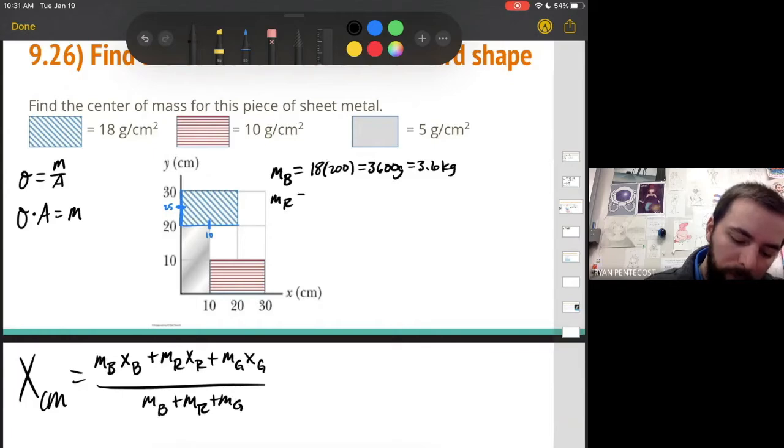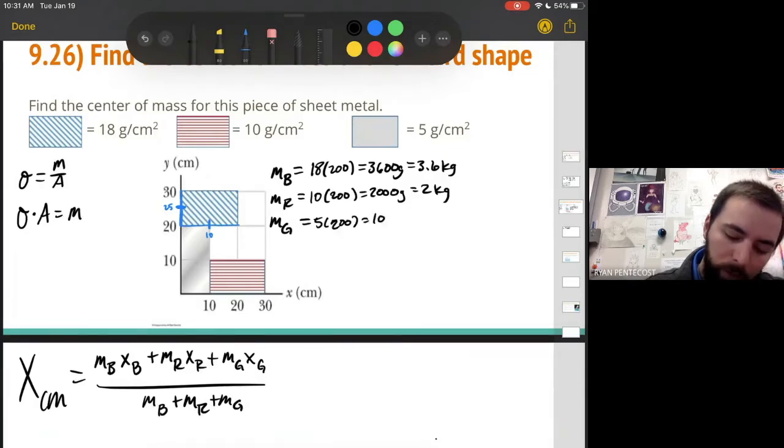Then we need the mass of red. You take the density of 10 times its area. They all seem to have 200 area. That goes 10 to 30, a difference of 20, then 0 to 10, a difference of 10, so that's 200 also. That will give you 2,000 grams, which is 2 kilograms. Then the mass of gray, again 20 long, 10 wide, that's 200, so you've got 5 times 200, which gives you 1,000 grams, which is 1 kilogram.